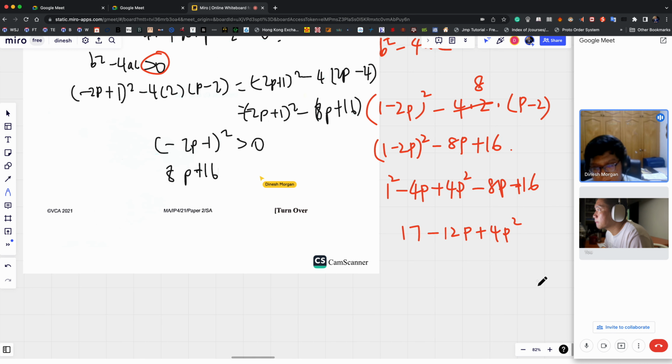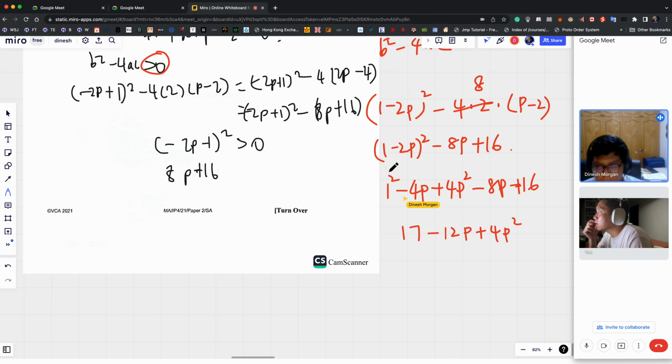But why do you need to expand out 1 minus 2p squared? If you don't, what do you end up with? Because 1 minus 2p squared is always going to be positive, so we can just separate it out.